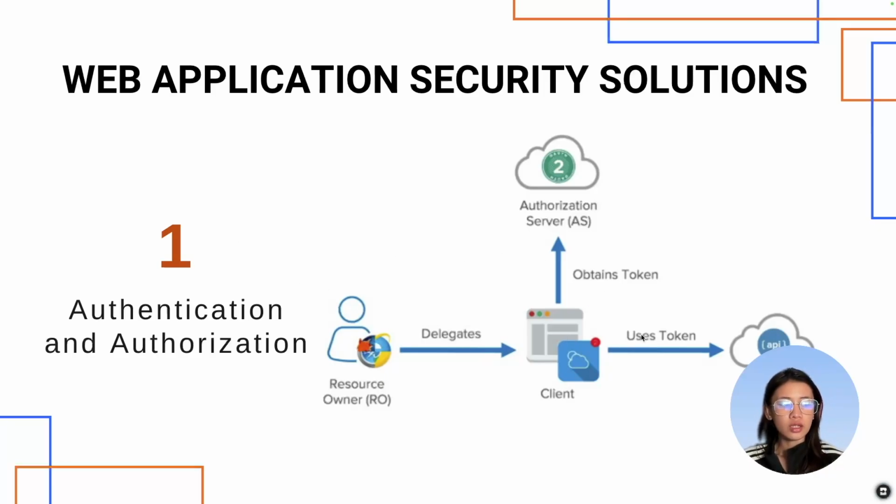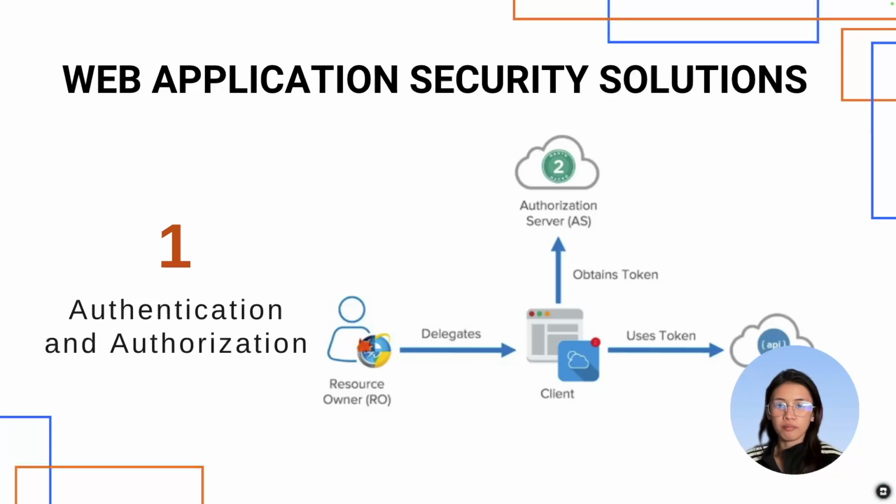This access token acts as a secure key that the client uses to request data from the resource server or the API. The resource server checks the token and provides access only if it is valid. This method improves security because the user's credentials are not shared, and access can be limited or revoked at any time.